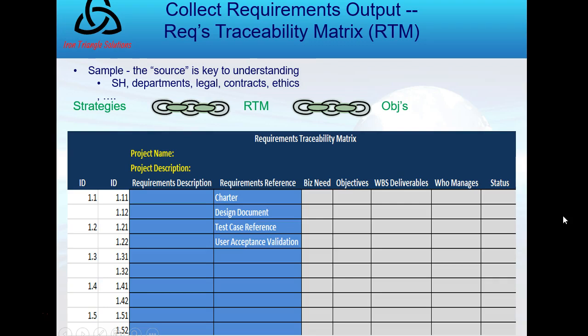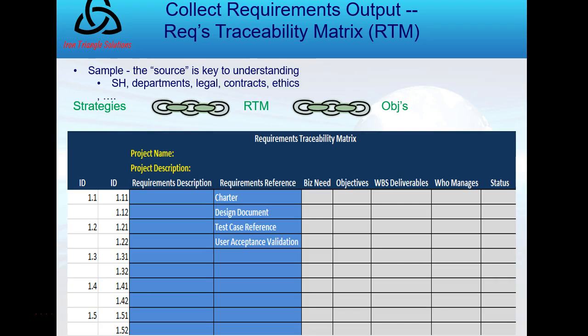Now here is a picture of what might be considered a requirements traceability matrix, the other output. And remember I said it's linking the strategy to the objectives in the project through this requirements traceability matrix, or RTM. You see the linking chains there. It links the requirements, to the strategy, to the project objectives through the stakeholders' work.